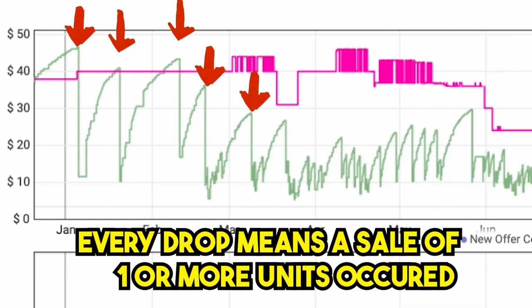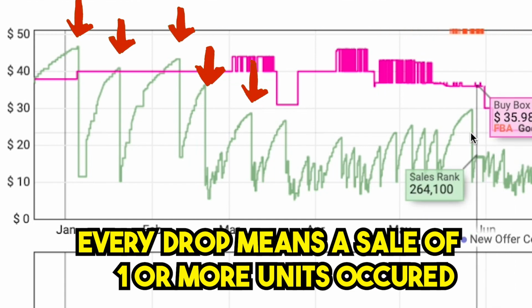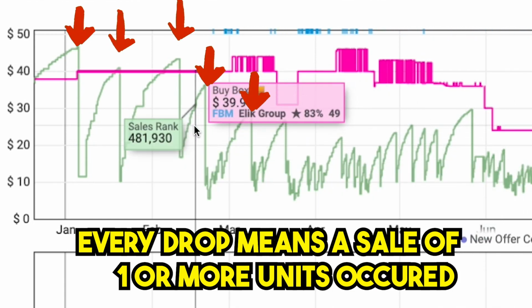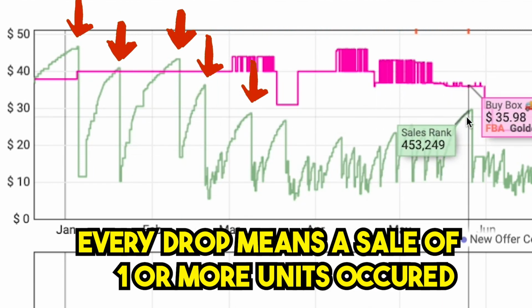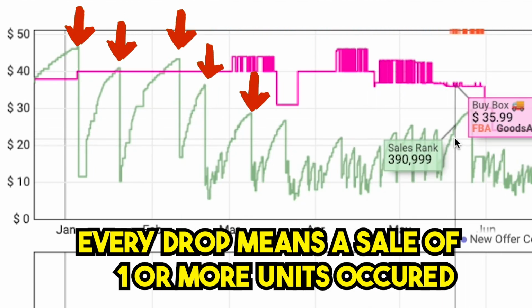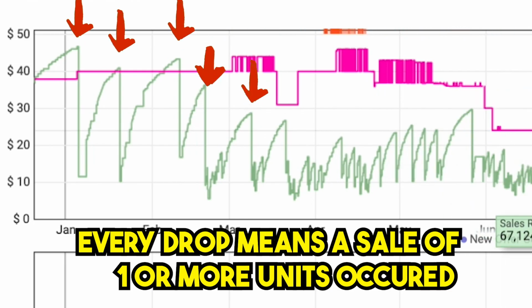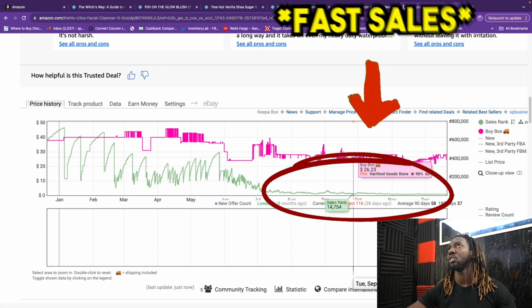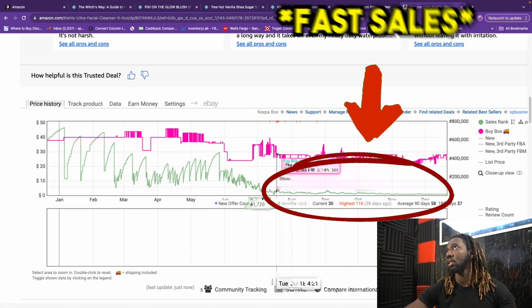It was not moving as much as it is right now. Over the course of its lifetime, probably due to the high price of it, it was selling a lot slower. So about 6 months ago, it picked up in speed and sales, and it's just started selling a lot more, which is good.